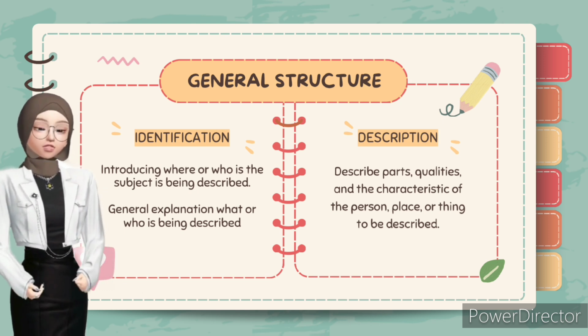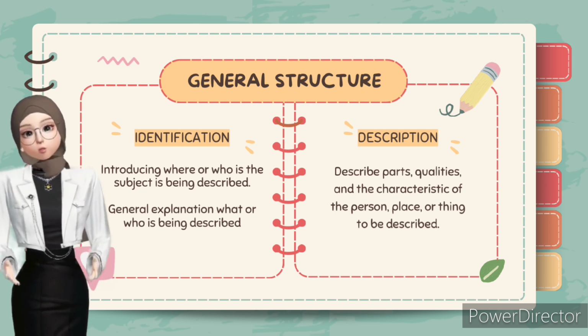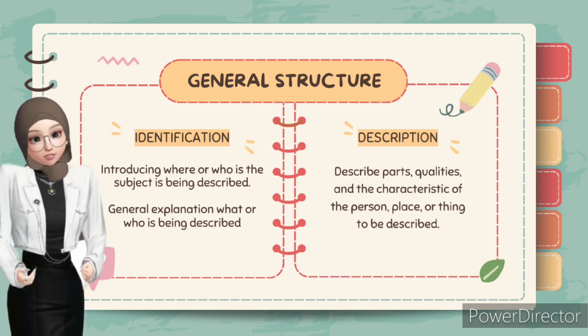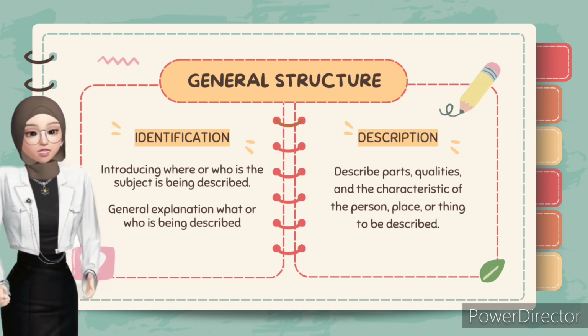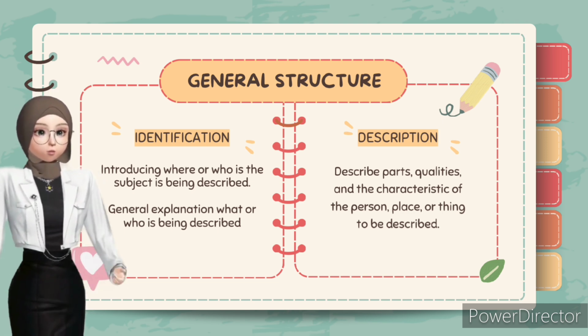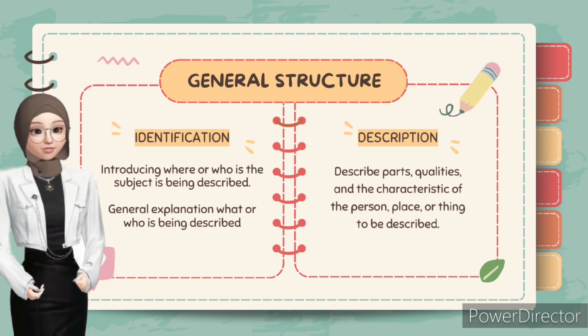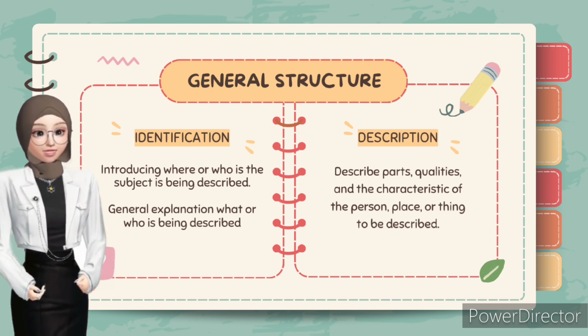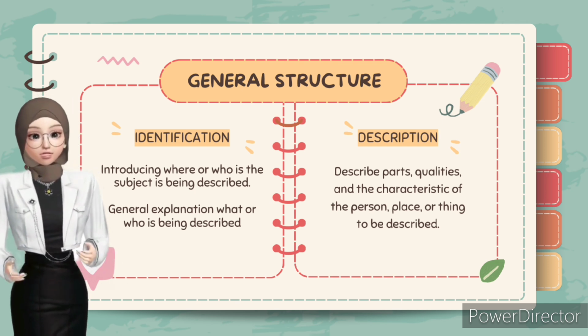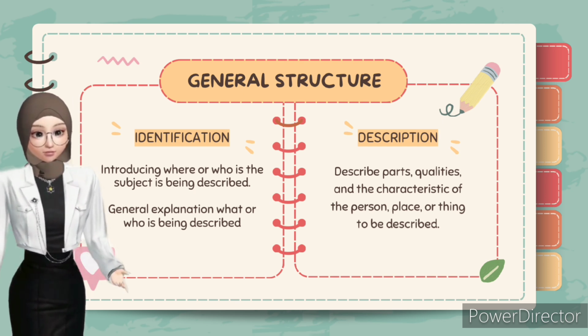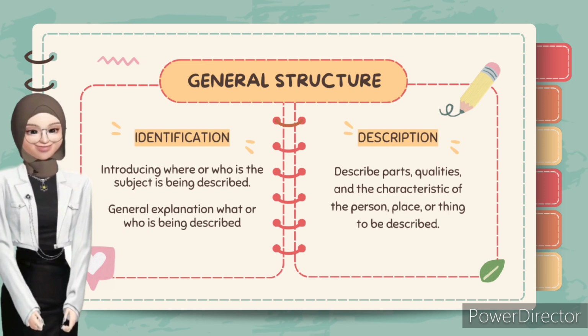It's about general explanation of what or who is being described. And the second one, we have description, which describes parts, qualities, and the characteristics of the person, place, or thing to be described. So the identification is the general explanation, and the description is about the details. You got it?